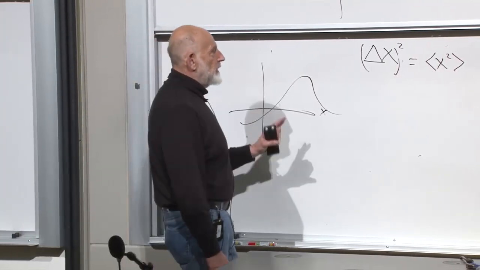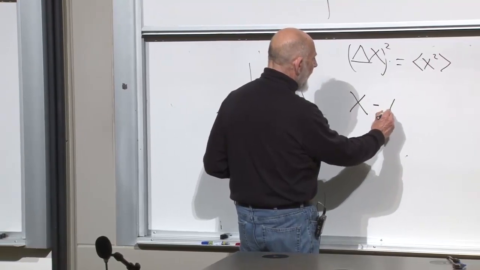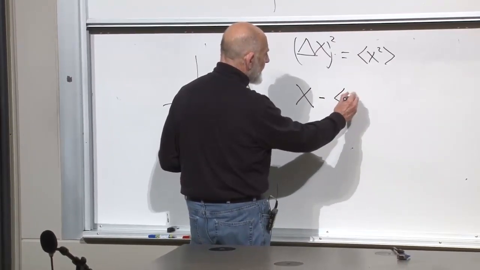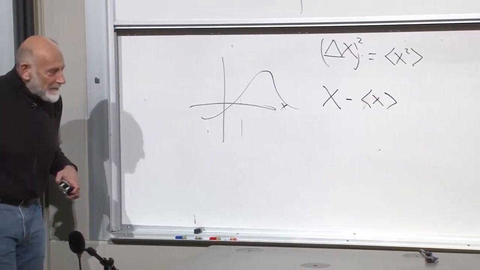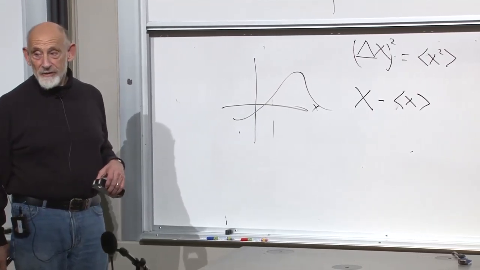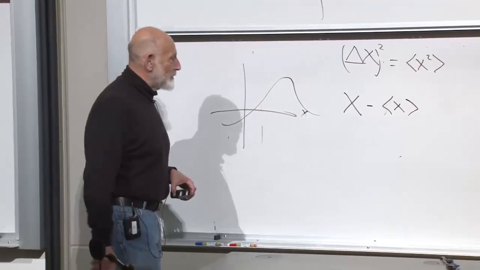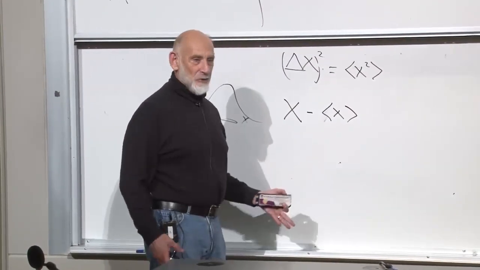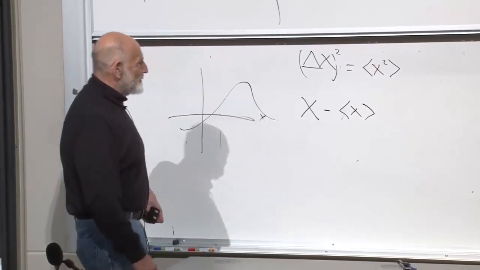In other words, we define a new variable called x minus the average of x. What's the average of x minus the average of x? 0. Prove that. There's something to prove. Prove that the average of this quantity here is 0. It's something you should prove.